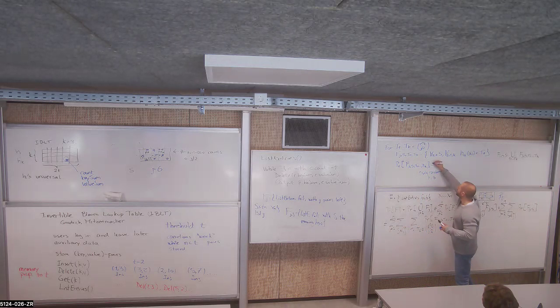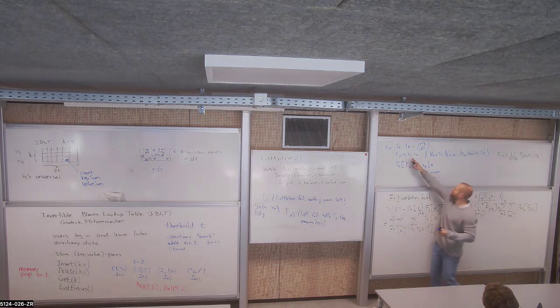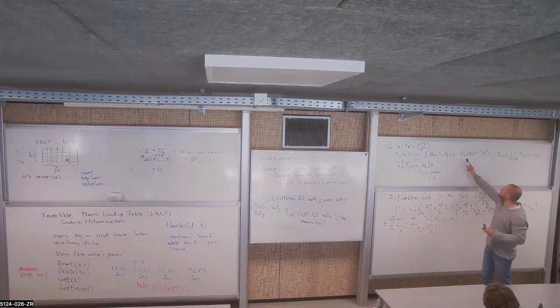Think of it: I already fixed the sets T1 to Tk, they're not random. I fixed my set S. I know the size of S is J. What is the probability that for all the keys, for all the rows, my hash value lies inside this set?